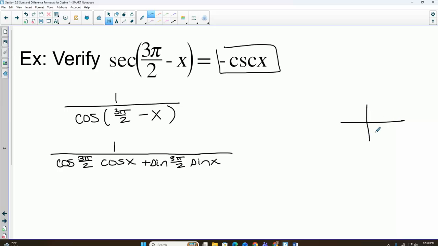Think about your unit circle for a second. Where's 270? Down here. What's that ordered pair? So the cosine of 3 pi over 2, cosine is our x, is 0. Sine of 3 pi over 2 is -1.